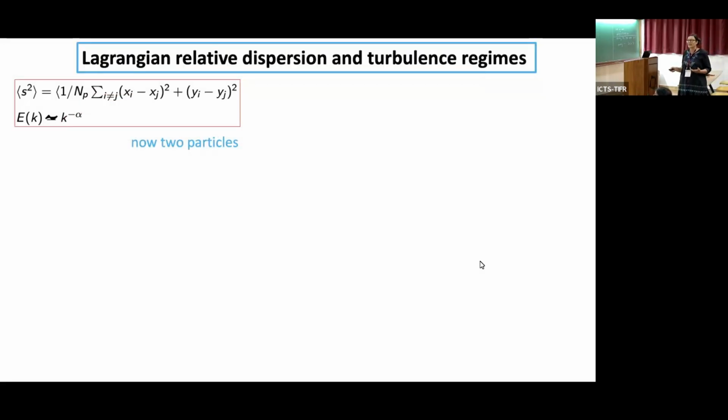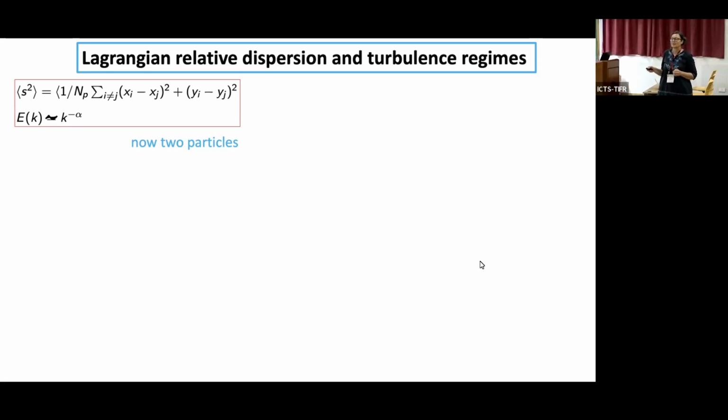Now we looked at the diffusive regime, but from really classical turbulence statistics, we can also look at two-particle dispersion. Instead of single particle diffusivities, we now look at the separation of two particles. The mean square displacement is also a tensor.